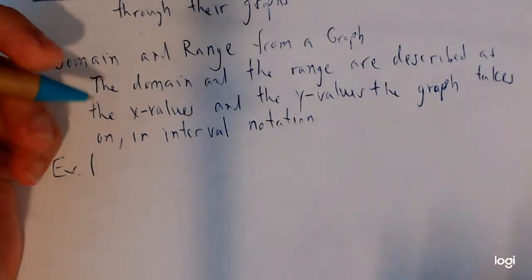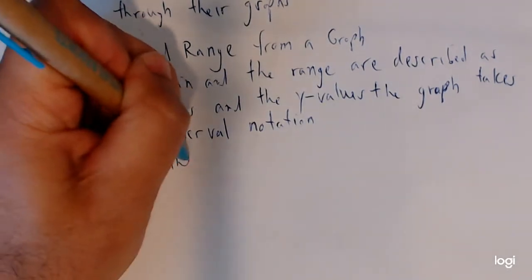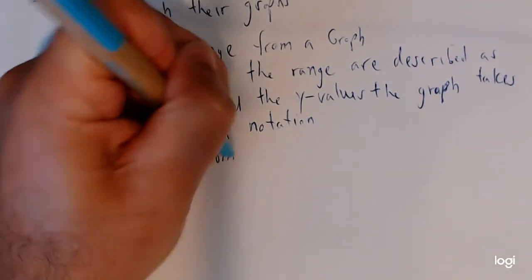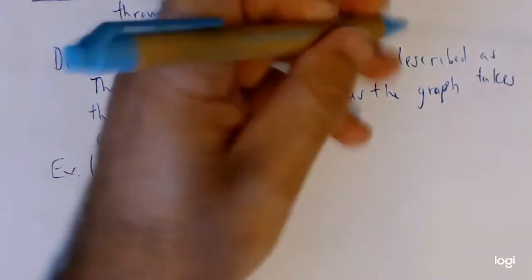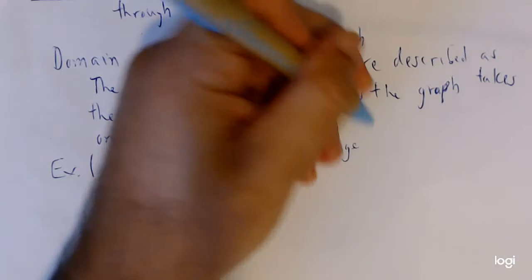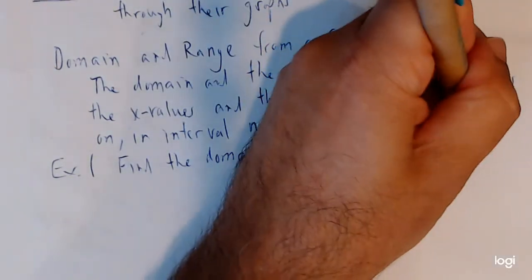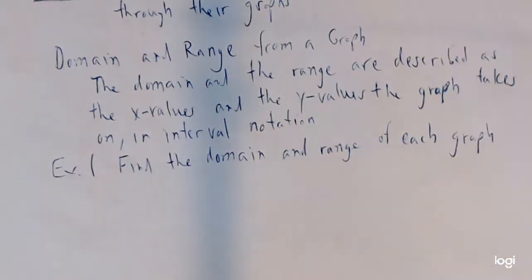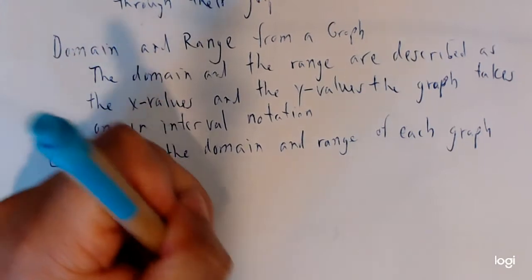So let's look at our first example. We're going to say find the domain and range of each graph. So to find the domain and range of each graph, let me first give you the graph.